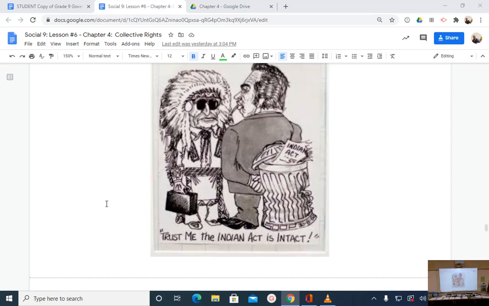Is that the perspective? Or is there some other detail that says, you know what? This is being said, but there's evidence that the cartoonist actually thinks otherwise. Within the cartoon, there's details that suggest that the ideological perspective is that the Indian Act is actually not intact. Let me ask you a question.